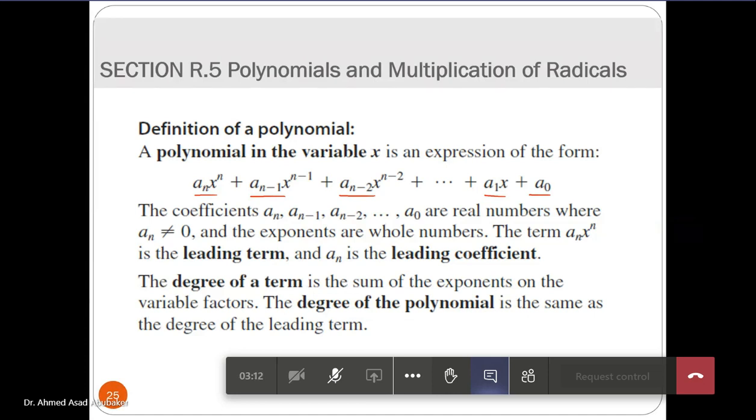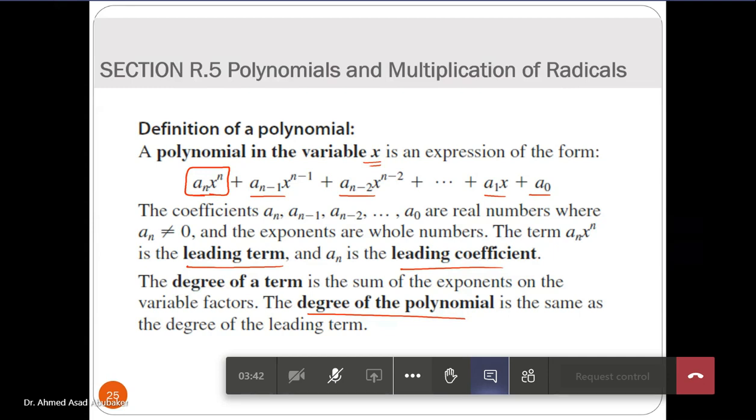Okay, now if you have a polynomial in one variable, for example x, we have the leading term, leading coefficient, and degree of polynomial. What's the meaning of leading term? The leading term is the one with the largest exponent.